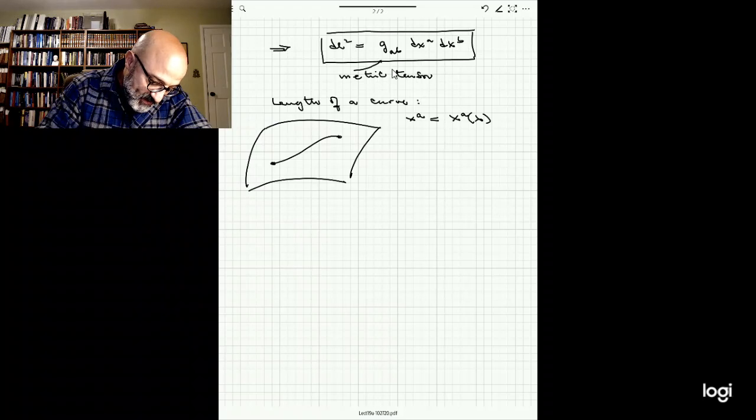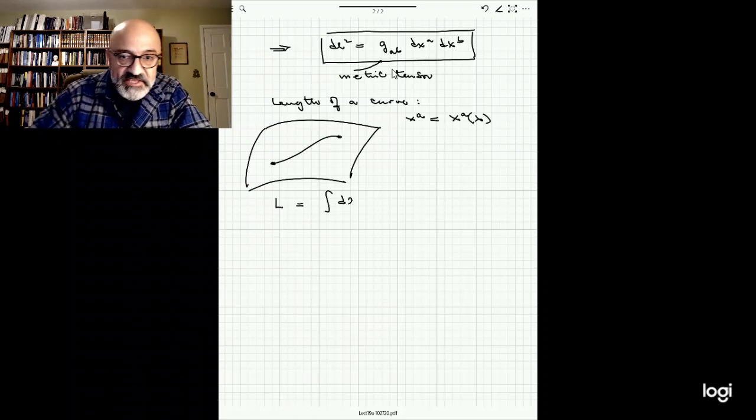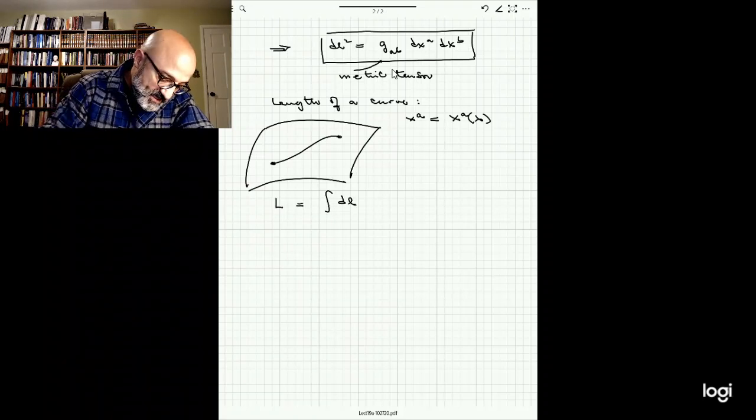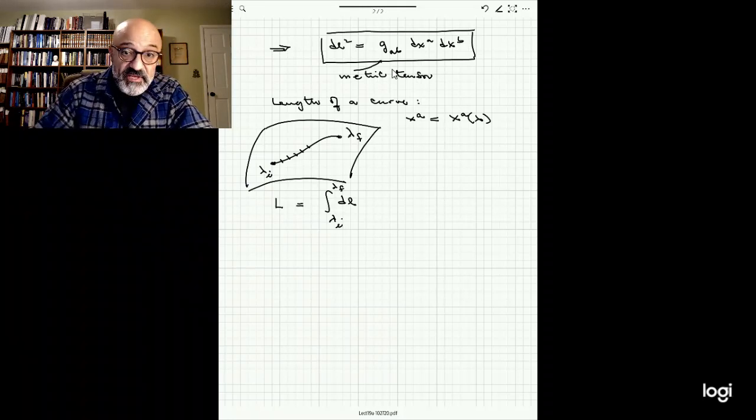The length of a curve is going to be, you integrate over the dl's for successive short segments along the curve. So you start from some initial lambda to some final lambda, and you integrate this.